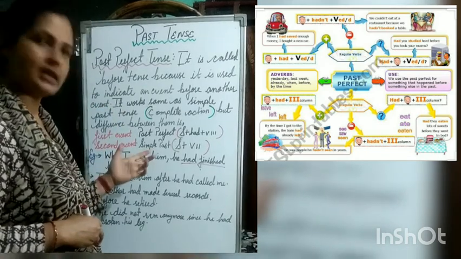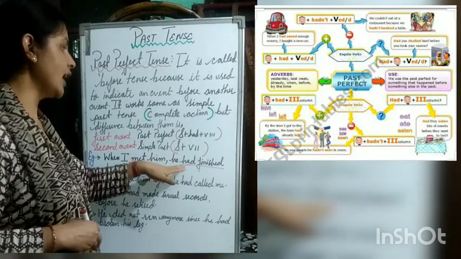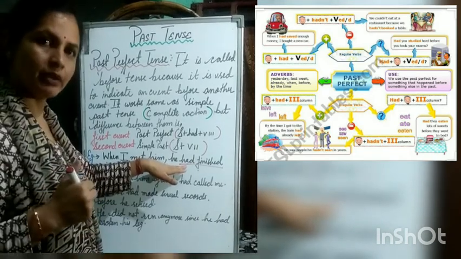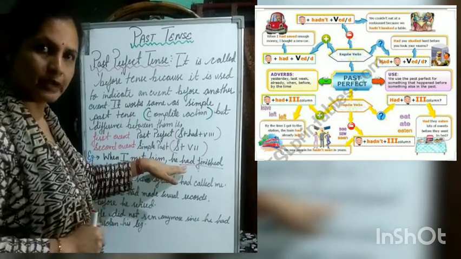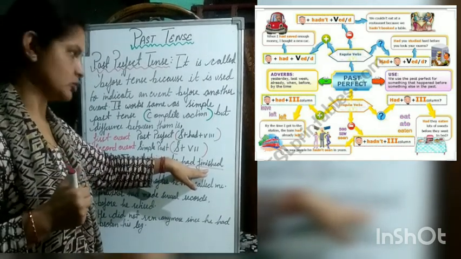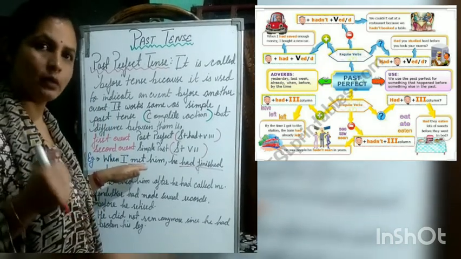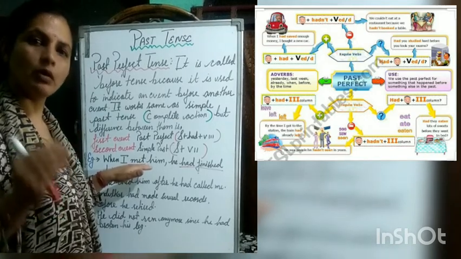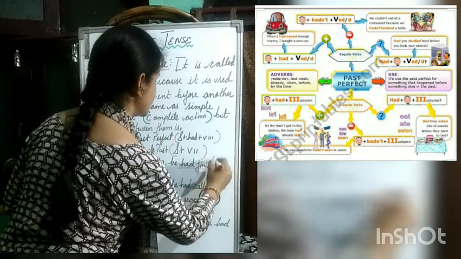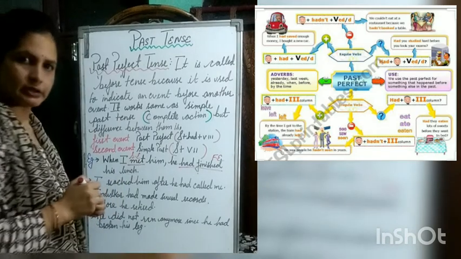It is easy to identify because in the first event we have used "had", the helping verb of past perfect tense, and with "had" we have used the third form of the verb, "finished". In the second event, we have used "met", which is the second form of the verb. So it is easy to identify.